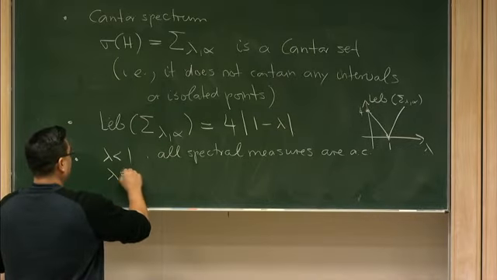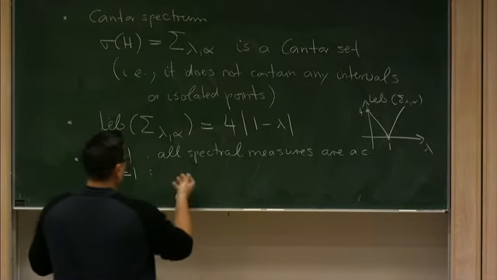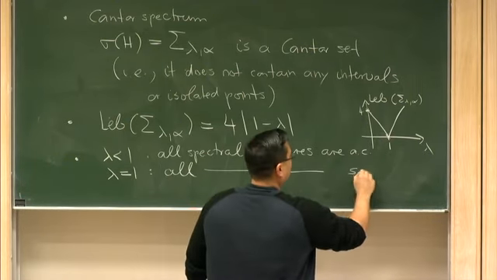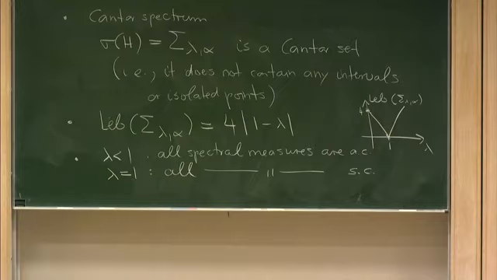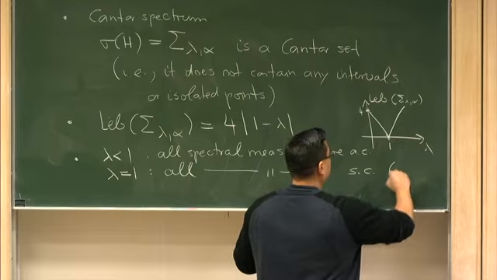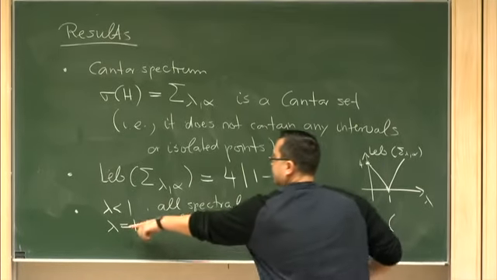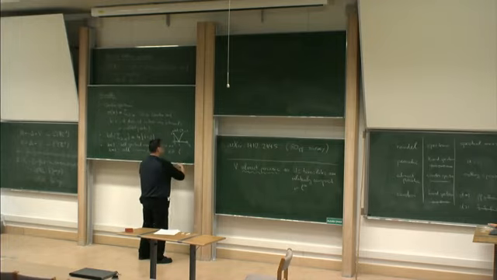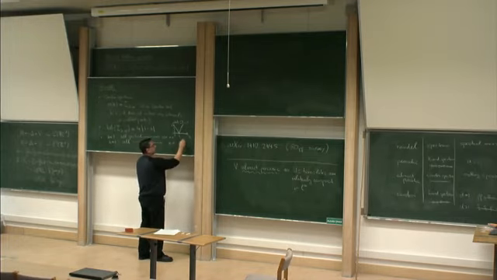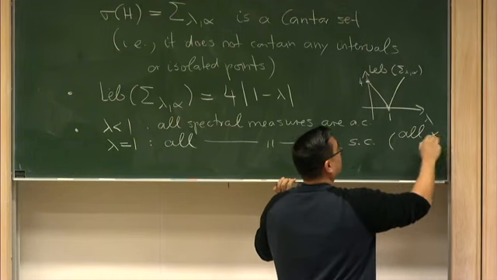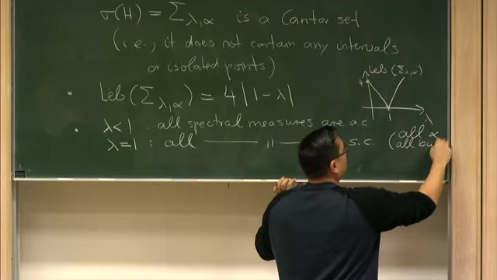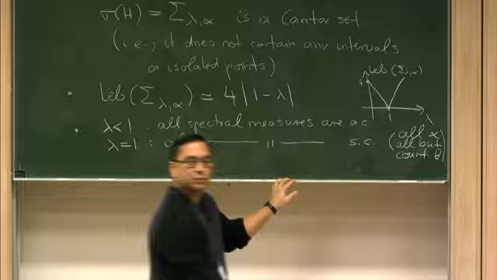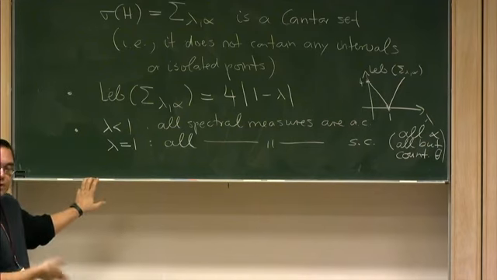Well, if lambda is equal to 1, let me be a bit short here. Spectral measures are singular continuous. So again, if I fix my lambda, I still have the other two parameters, alpha and theta. And if I want this statement, it's conjectured to be true for all alphas and thetas, but it's known for all alpha and all but countably many thetas. Okay, so the exceptional set is countable for each given alpha. But it's really conjectured to be true for all alphas and thetas.